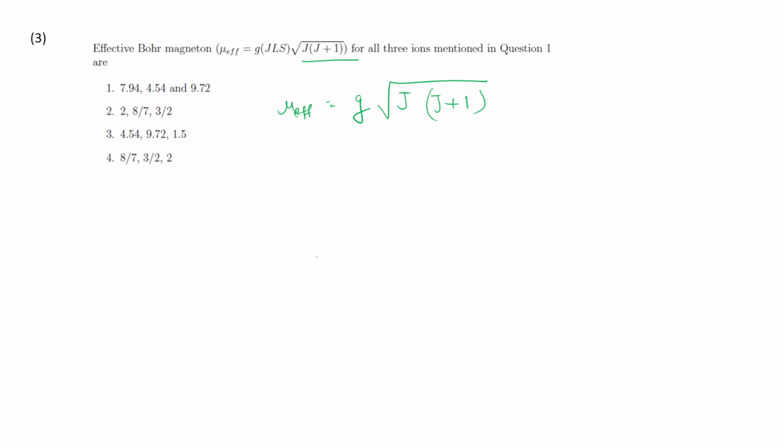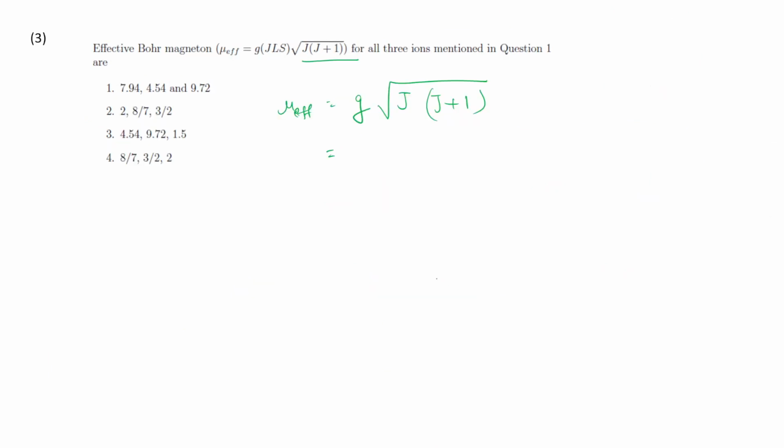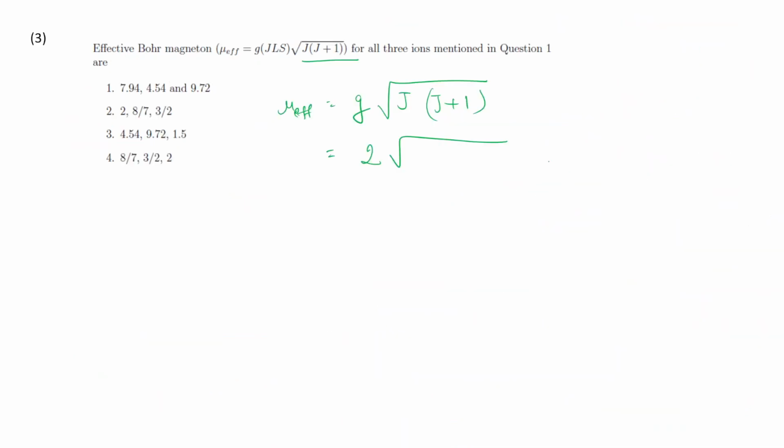Now again it is totally based on the formula. G, if I want to calculate for the first ion, G is equal to 2, so I'll put G is equal to 2, and what is J? For the first one, J was equal to 7 by 2. Okay, so I will put 7 by 2, and 7 by 2 plus 1 is 9 by 2.